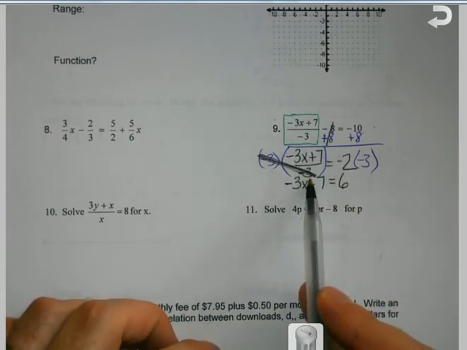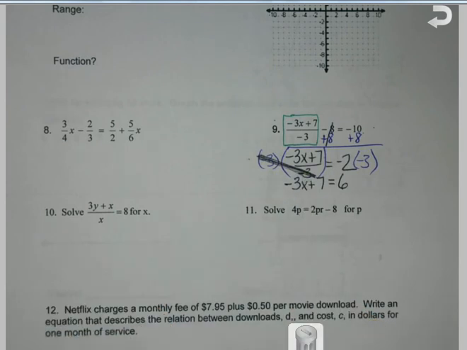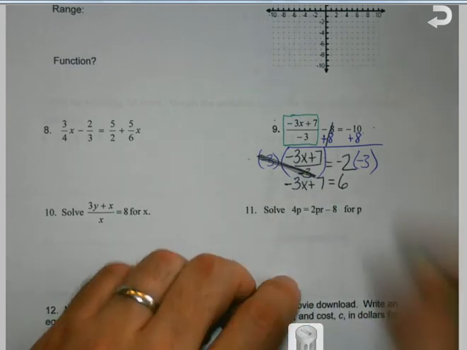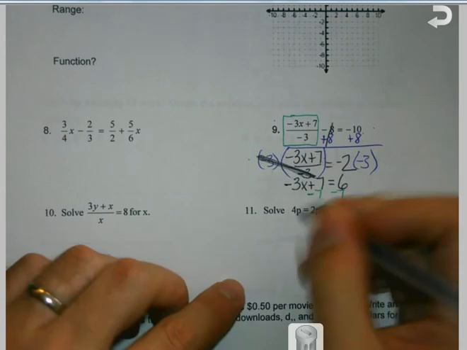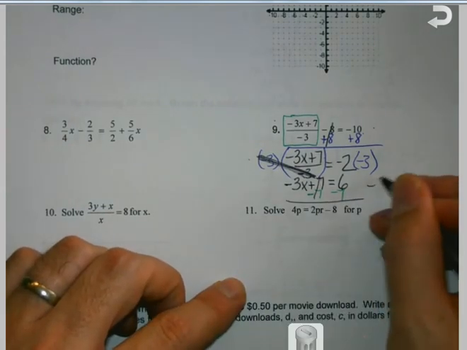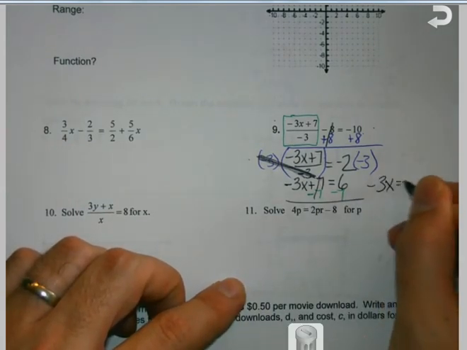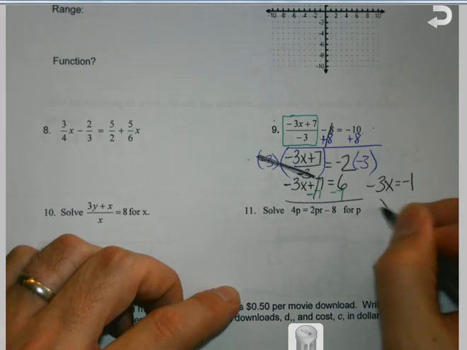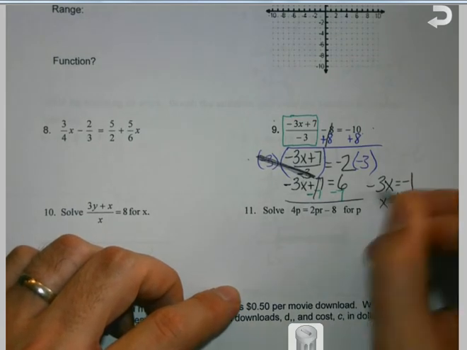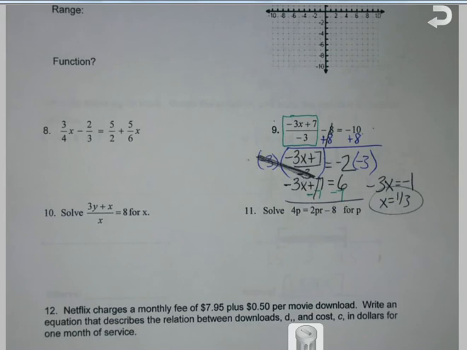The divide by 3 is furthest away, we dealt with it. Now this +7 is the furthest away, and we're dealing with it. And then we just divide by -3, and fractions are okay. Just because we get a fractional answer for an equation doesn't mean it's wrong.